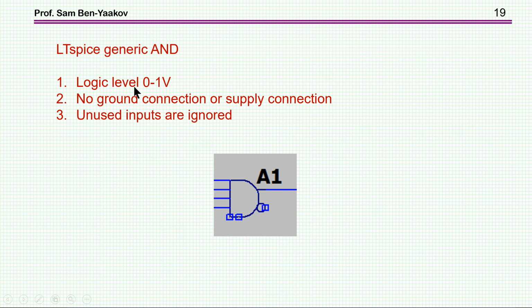It has a logic level of 0 to 1, and there's no ground connection or VCC connection, and any unused input is just ignored. So this is just to emulate a real NAND, but then I had to adjust the level because this is 0 to 1, and I'll be working with 5 volts, so there is some translation here, which is not, of course, crucial to the whole thing.